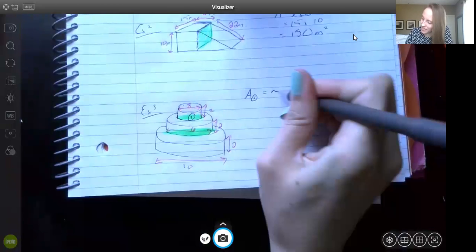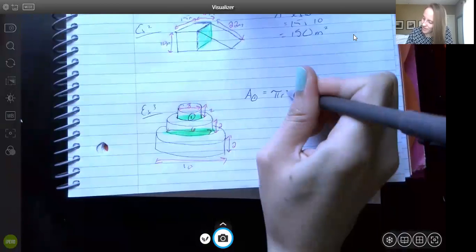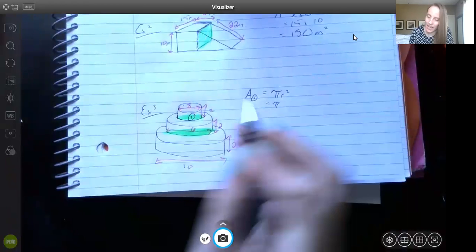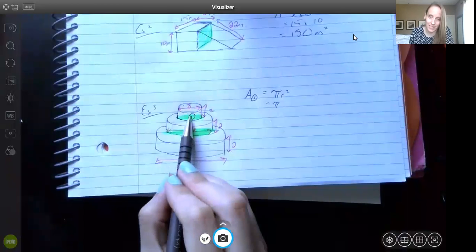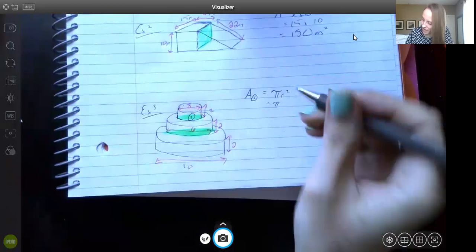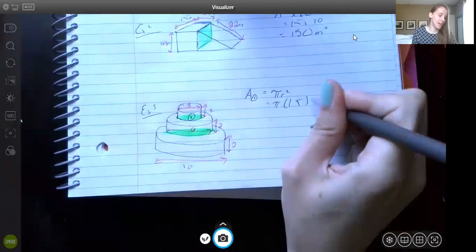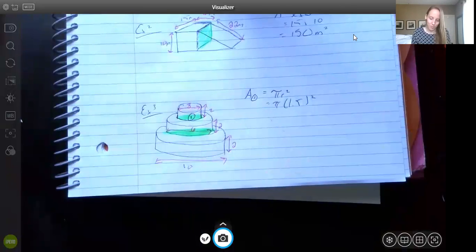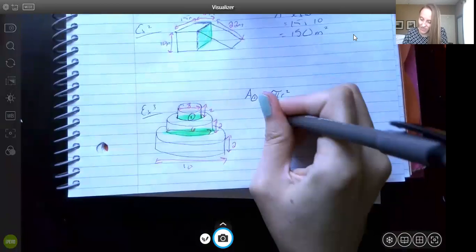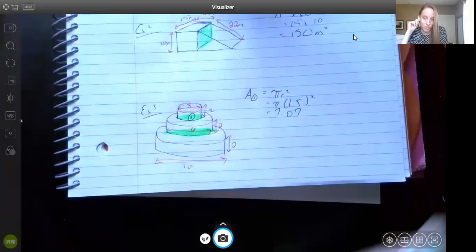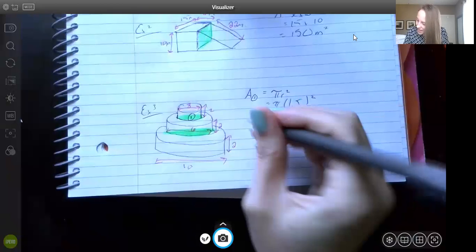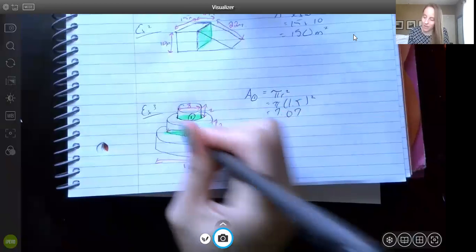So in this case, we're back to using pi r squared. The diameter of this top cylinder is 3, which means the radius of this is 1.5. 1.5 squared is 2¼ times pi is 7.07-ish. And then I'm going to call this area of overlap number 2.